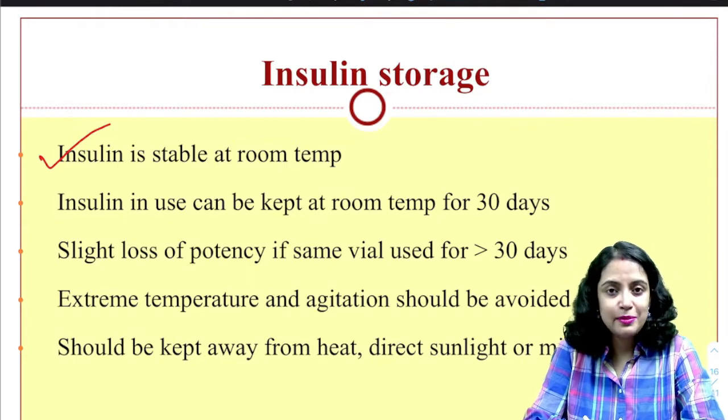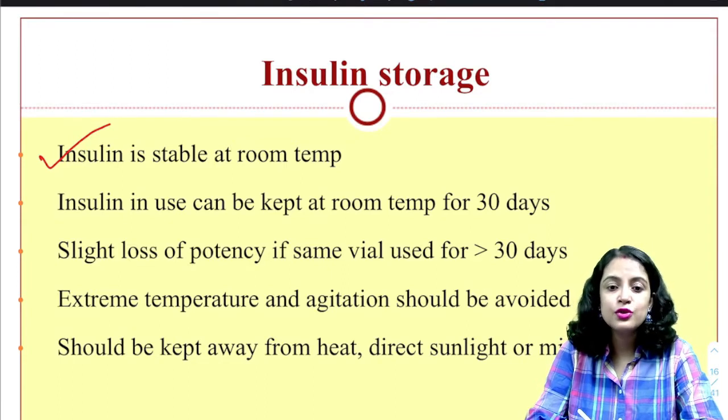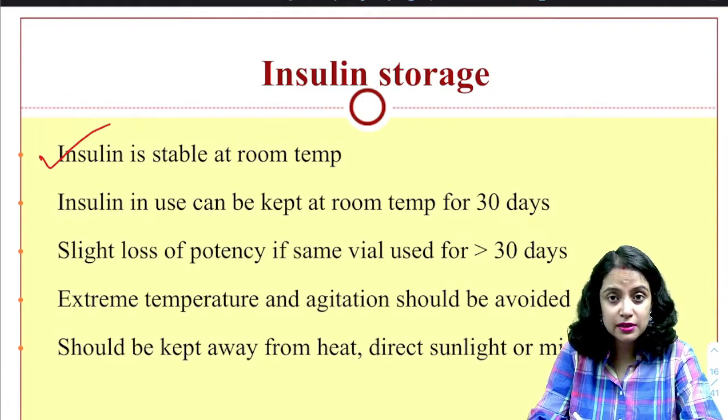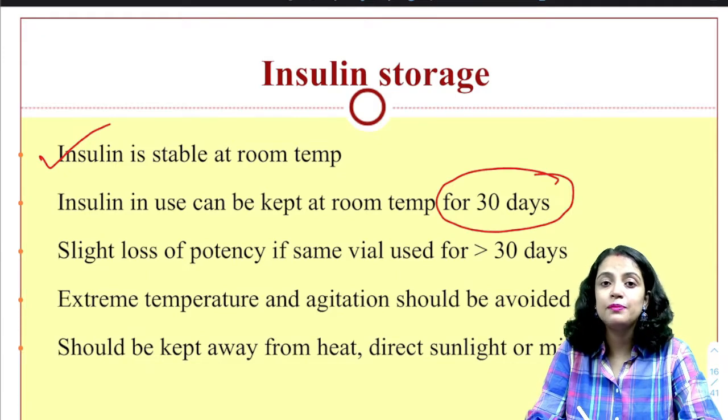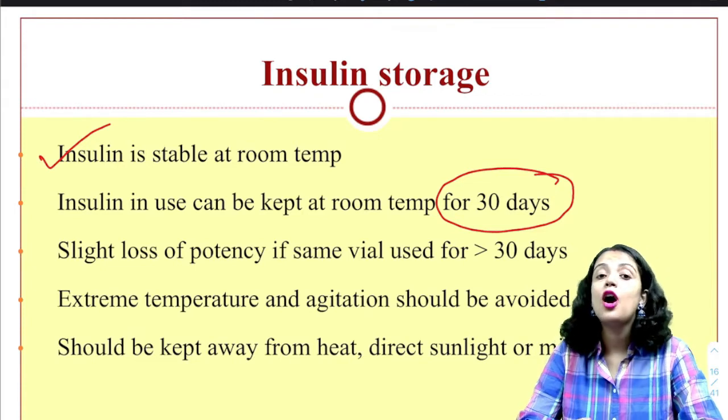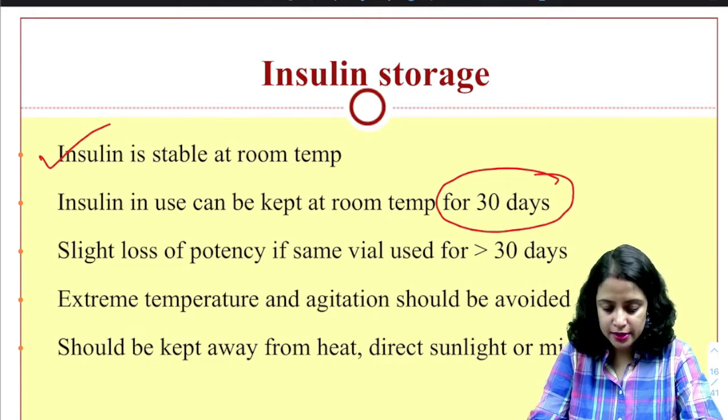So insulin is stable at room temperature. Insulin in use can be kept at room temperature for almost a month. So it is not necessary every time that insulin should be kept in the fridge. It can be kept at room temperature. The insulin vials can be kept at room temperature for almost a month.